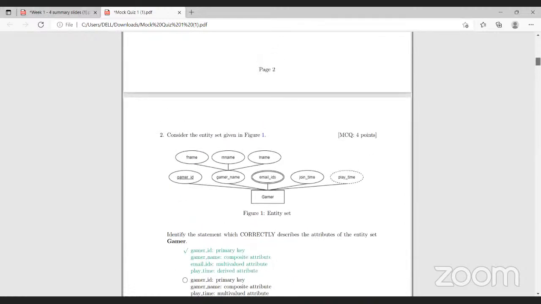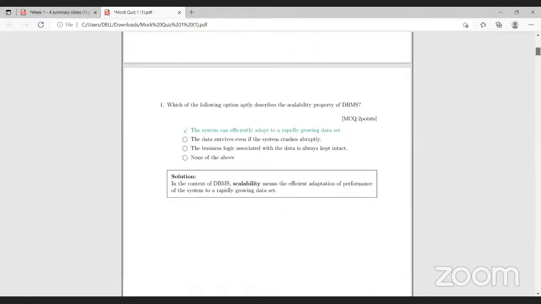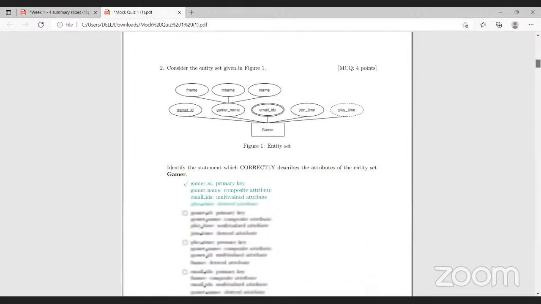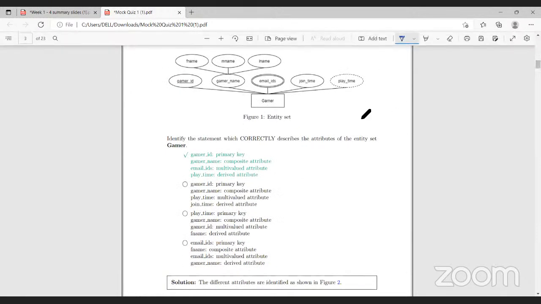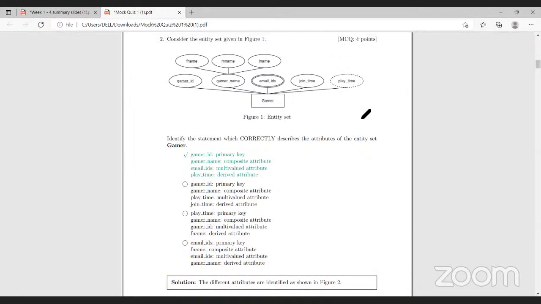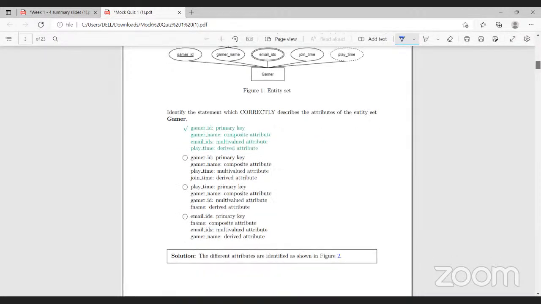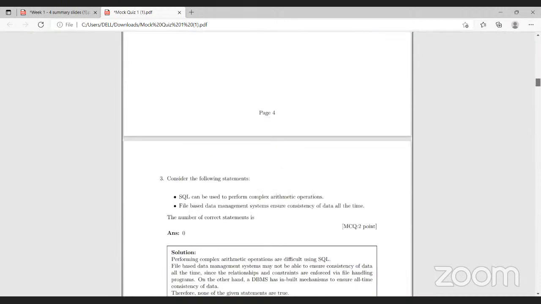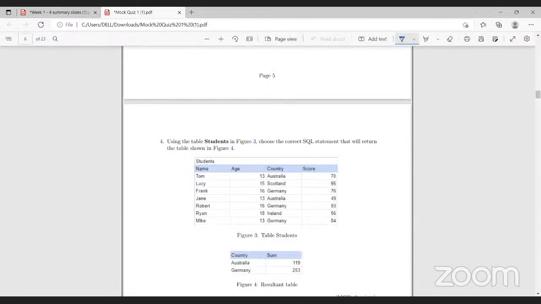So any doubt in this question? The first question is a theoretical question, you can go through it. Those who have not attempted any mock test or mock question, any doubt? No doubt.